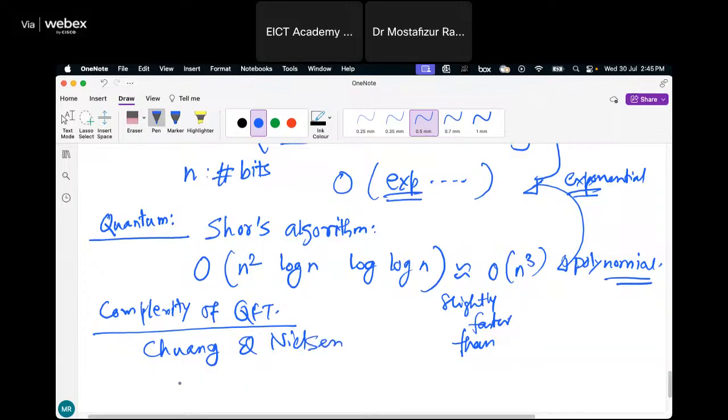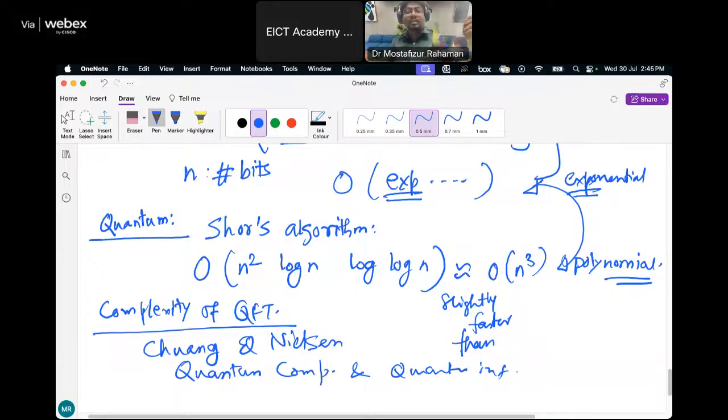The book name is Quantum Computation and Quantum Information. So let me open my camera and show the first page of the book so that when you buy this book, you know this is the book. Here the detailed complexity analysis is there. You can have a look. Okay.